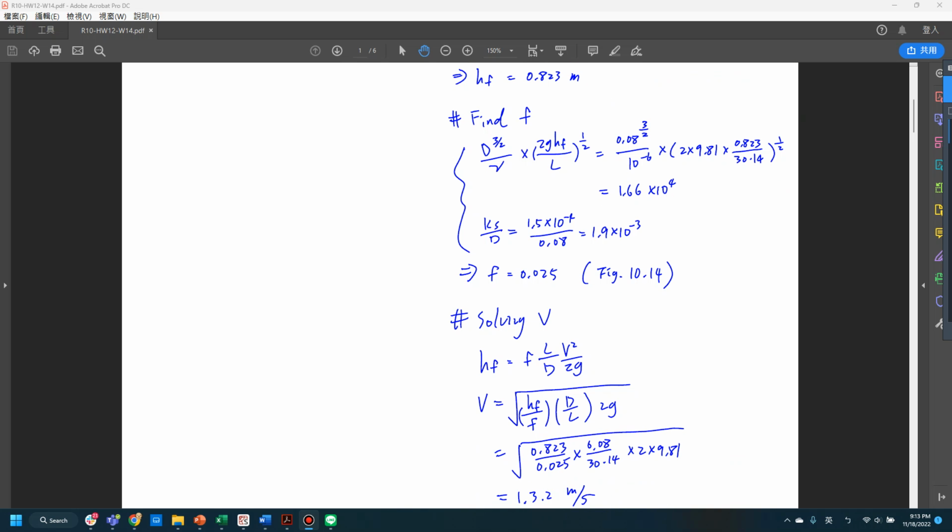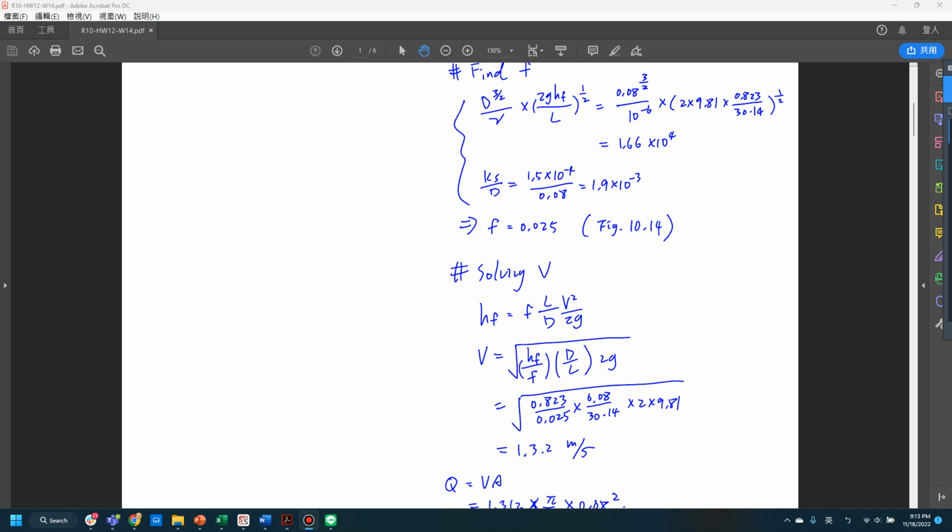After that, we can apply the equation for the friction head loss, which again we have used many times. Now we know hf, and we also know the factor f. We know the length of the pipe, the diameter, and g.